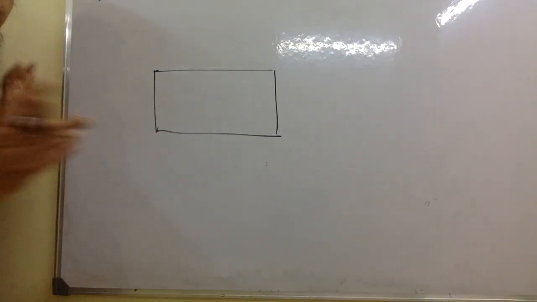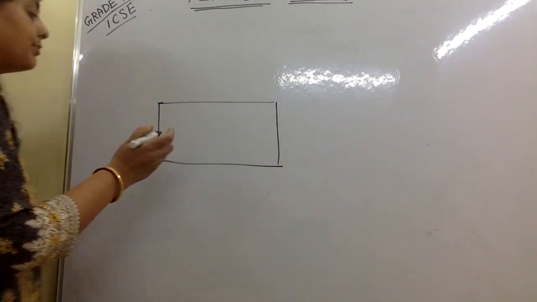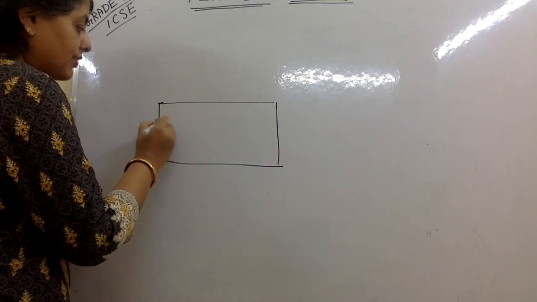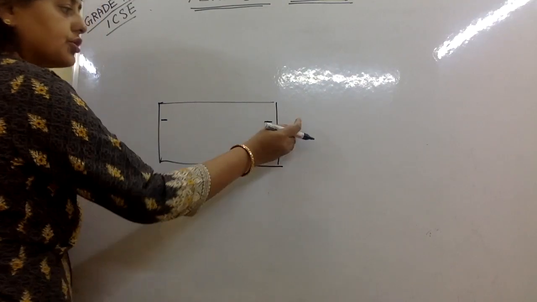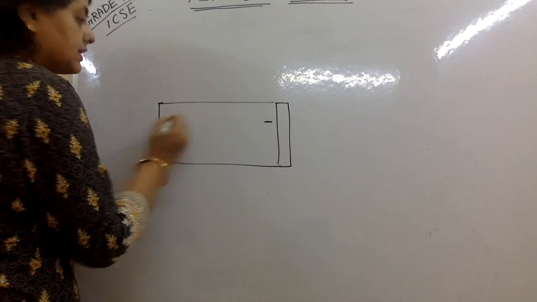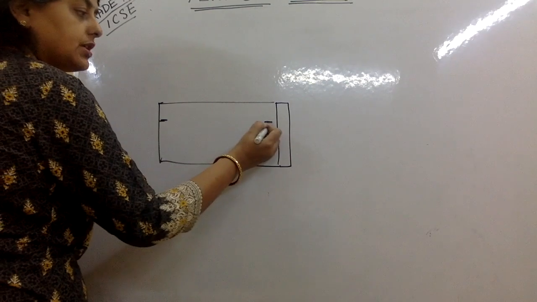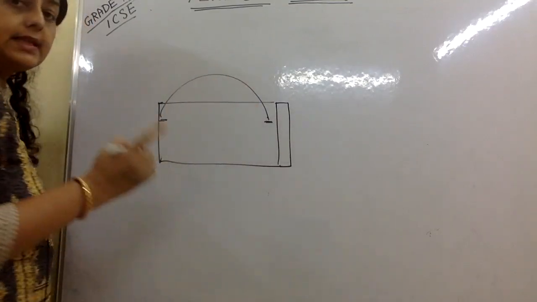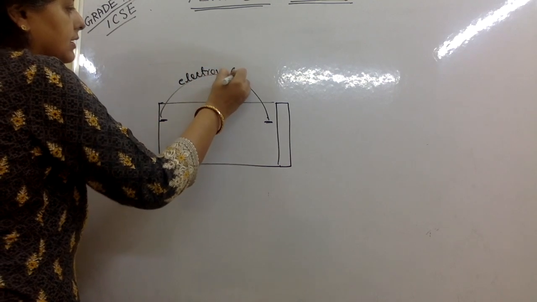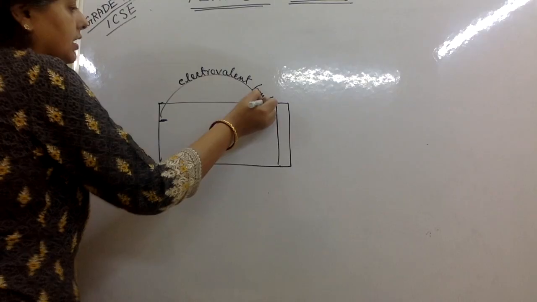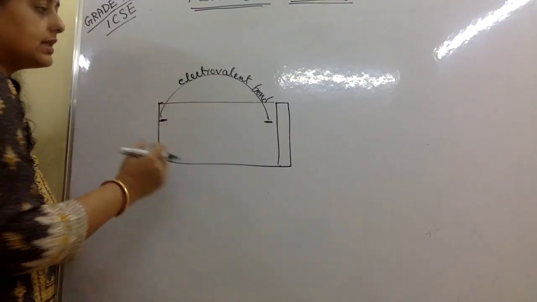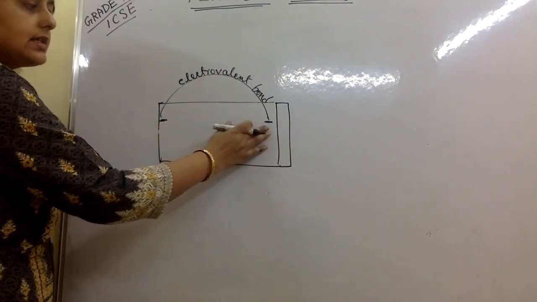If I pick one from the metal end and it bonds with something from the non-metal end, of course not inert gas, so very strong metals to very strong non-metals, then the bond is electrovalent, because this one is ready to give and this one is ready to take. So the bond is electrovalent. This is donating, that is accepting.